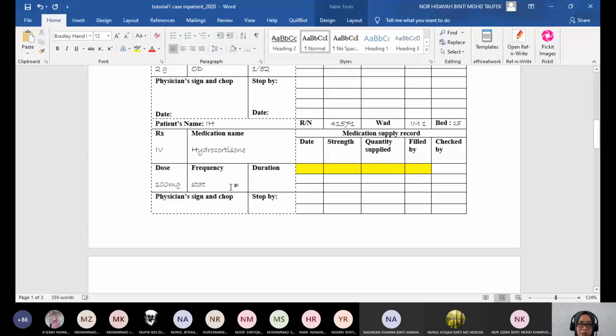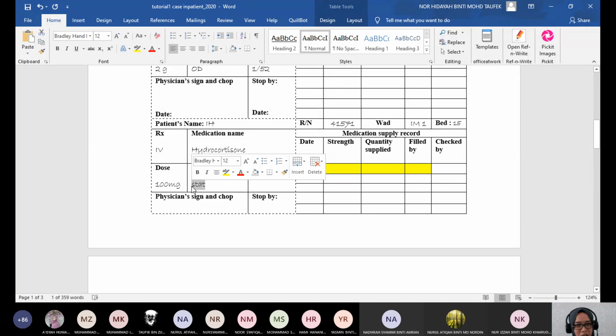But in practice, you don't supply usually because these most common stat medications are already in the list of the floor stock. You already supplied the ward for like 1 month, right? And they have all the supplies, and that's why they administered stat.